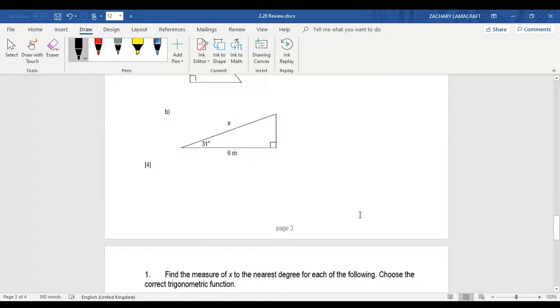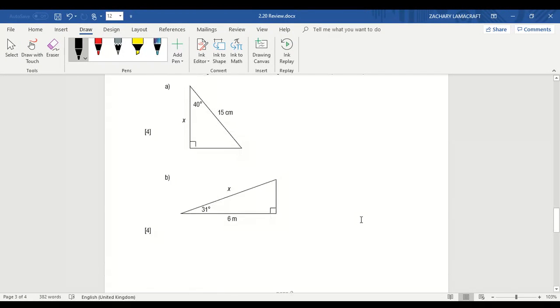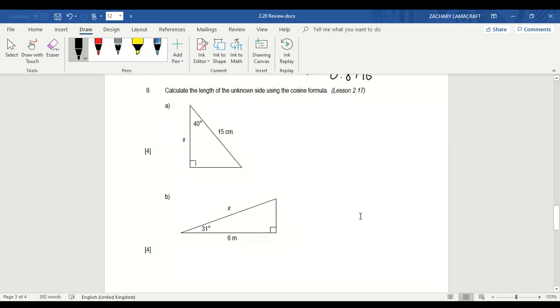We're going to do the same thing with cosine, and then we've got a couple more answers here we're going to deal with. Okay, so it says using cosine formula. All right, so same thing we've been doing. So cosine angle equals adjacent over hypotenuse. In this case, we know our angle.